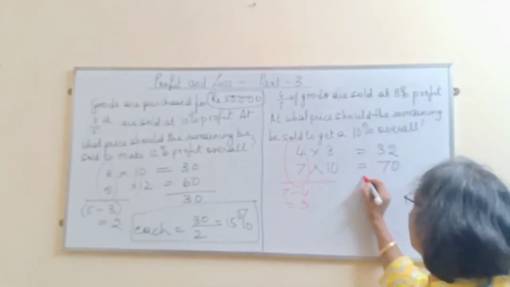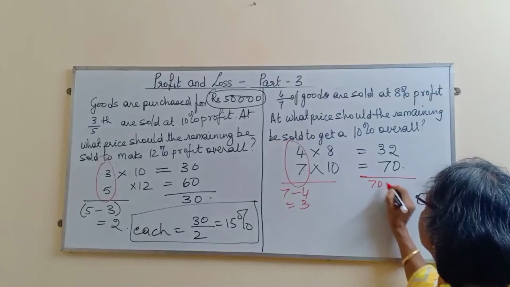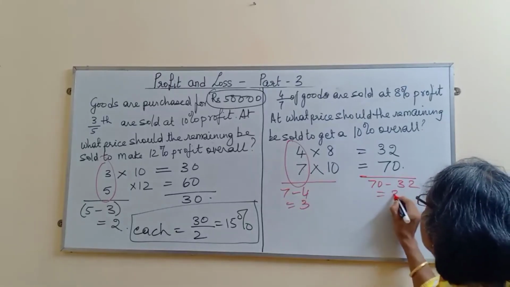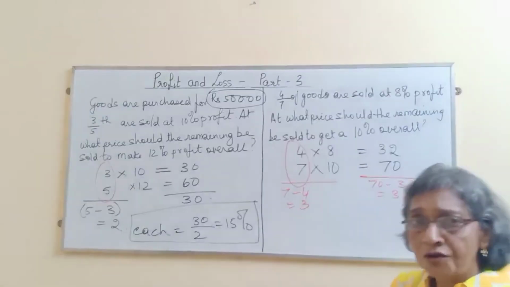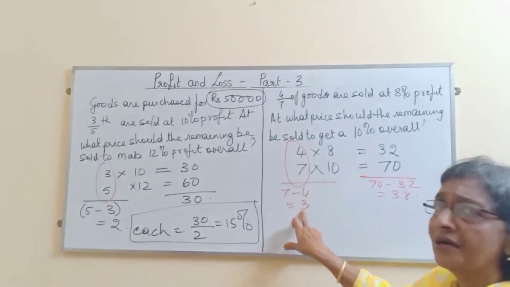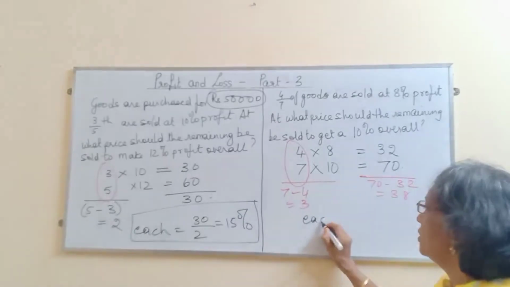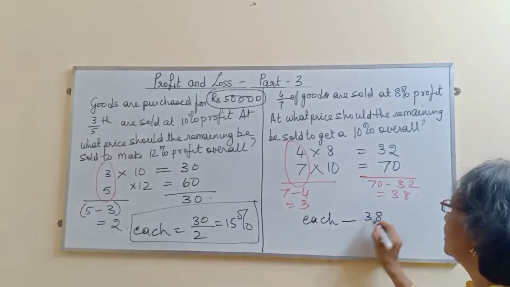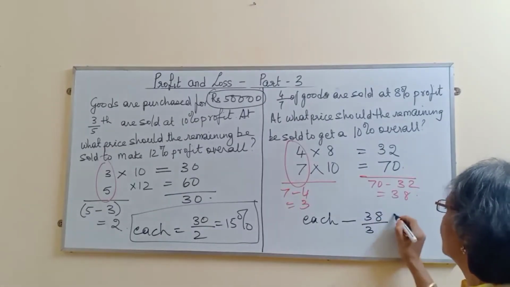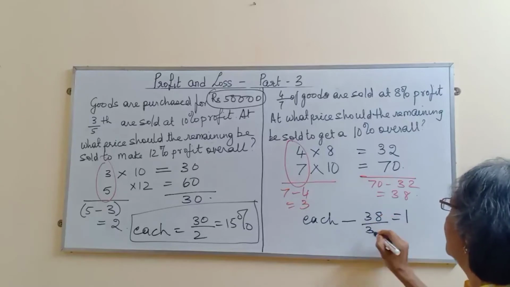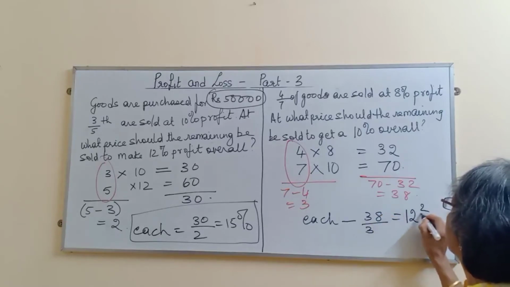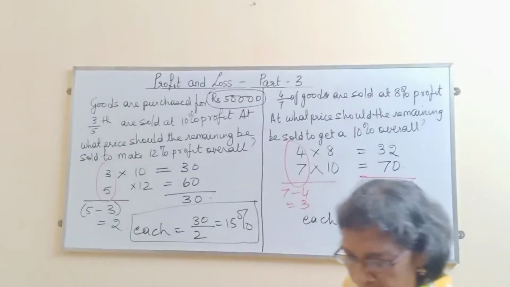So now these 3 articles, 70 minus 32, which is going to be 38. So remember, the remainder here and the subtraction remainder here. So each is going to be sold for 38 divided by 3, which is nothing but 3 1s are 3, 3 2s are 6, and 2.3%.